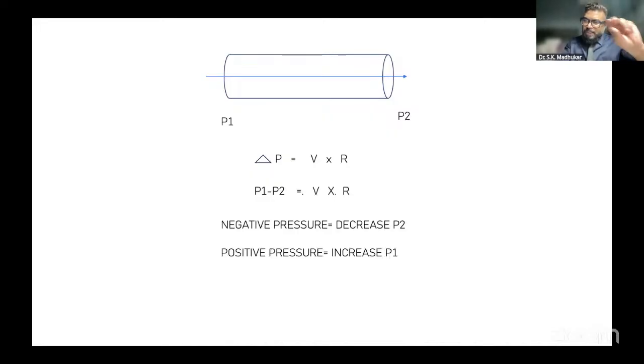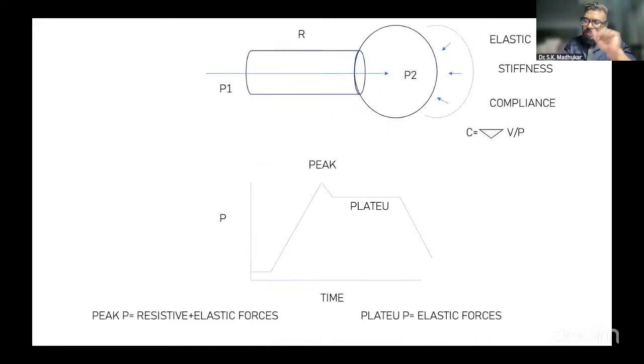Now let's put this illustration into the human lung. What happens? There is an airway, and at the end of the airway there is a balloon. We use this balloon as an illustration of the alveolus. So the airway is attached to the alveoli. Now for air to flow through the airway, it needs to overcome the airway resistance.